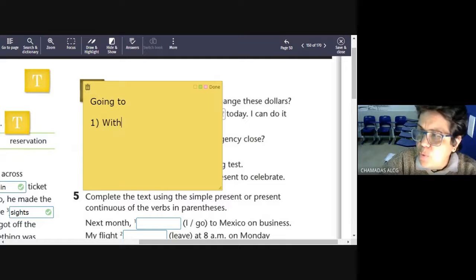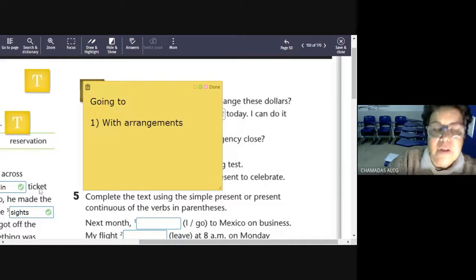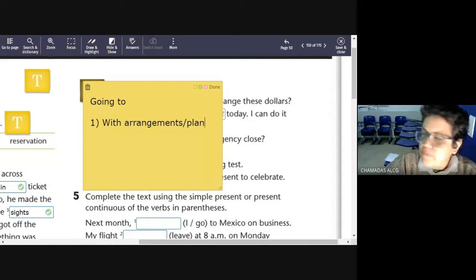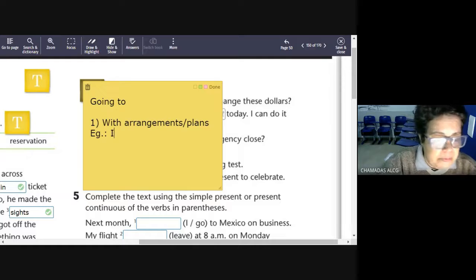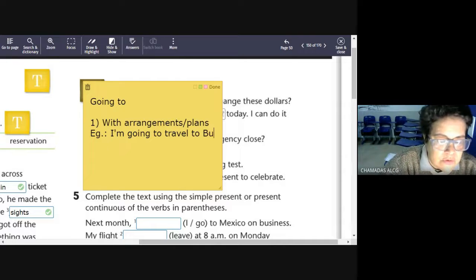So we use going to with arrangements or plans. Example. I'm going to travel to Búzios.